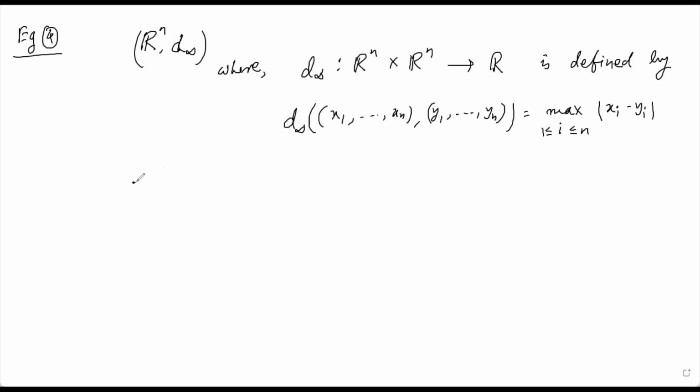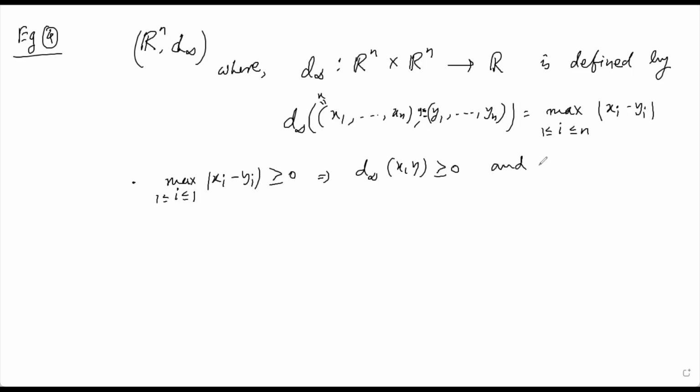So let us check the 3 axioms for distances. The absolute value of xi minus yi is again greater than or equal to 0, and this implies the max of non-negative quantities, non-negative reals, is again greater than or equal to 0, and this implies d infinity of x comma y, so let's say this point is x and this point is y, is greater than or equal to 0.